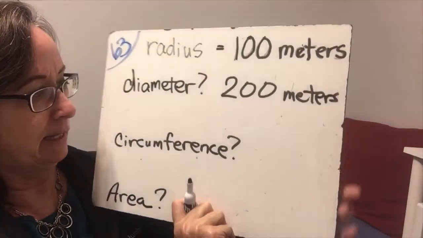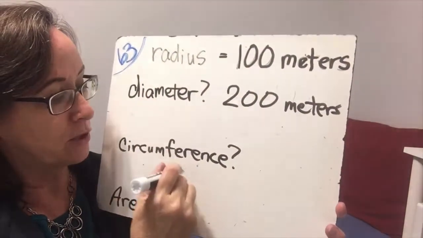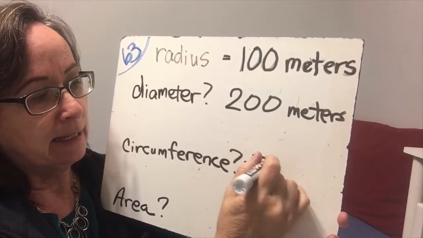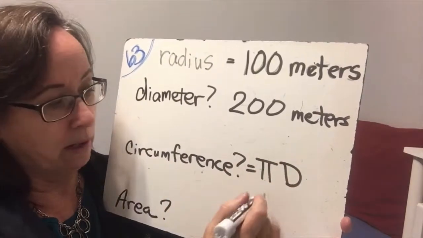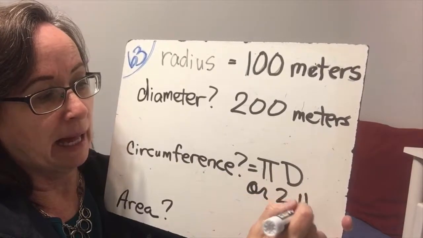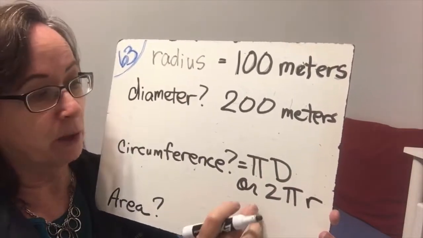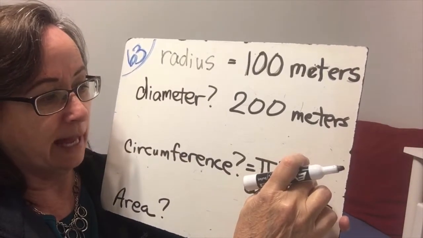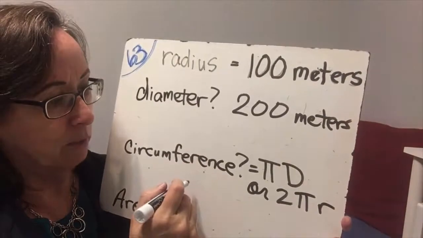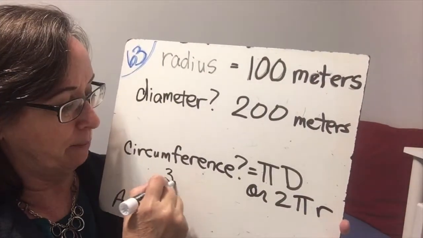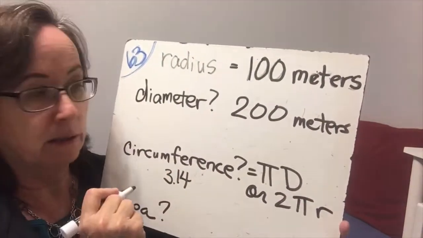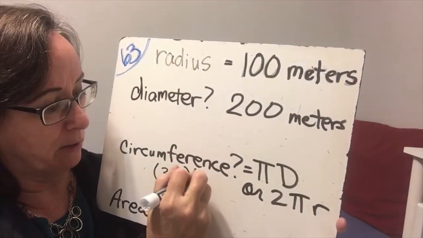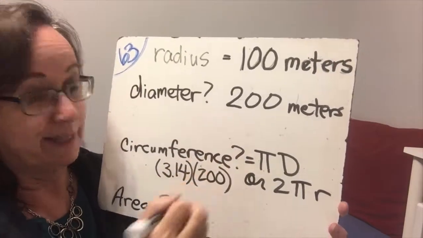Okay, and then our circumference. Remember, our circumference is exactly pi d, or 2 pi r. Those are 2 equivalent formulas. We're going to use the pi d, so we're going to have pi, which we're going to approximate as 3.14, and our diameter is 200 meters. Well, this is easy.